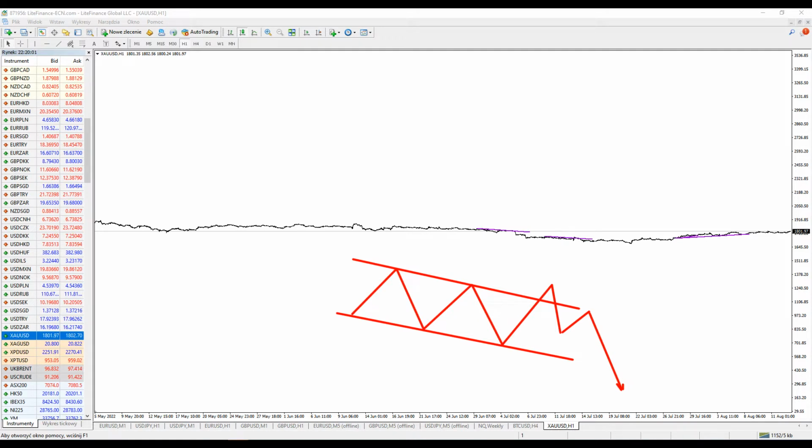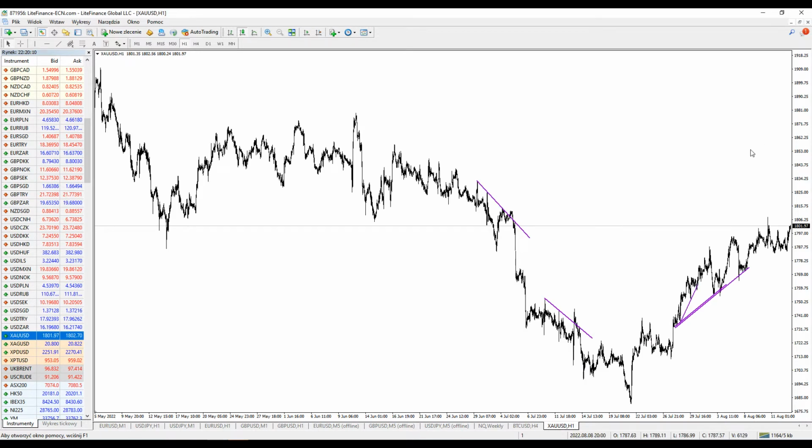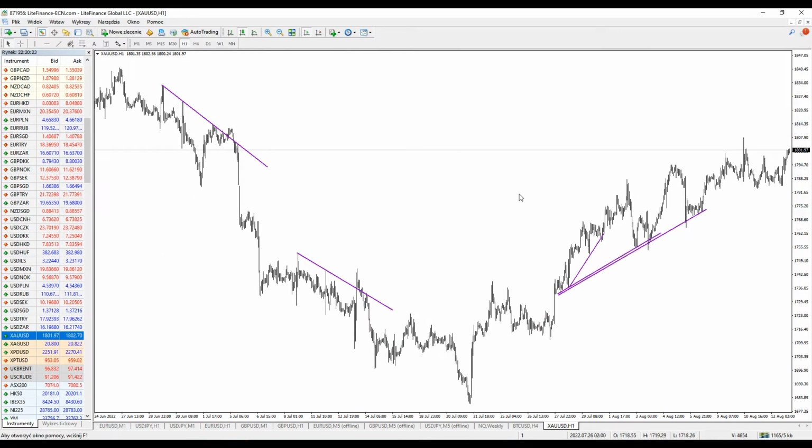All right, so let's have a look. Let's go through a few examples we have. And in the meantime, during the presentation, I'm going to explain what kind of ratio you might want to use. As you can see over here at the very beginning, we have quite a few lines visible on the chart.